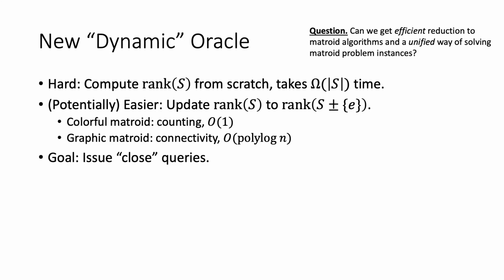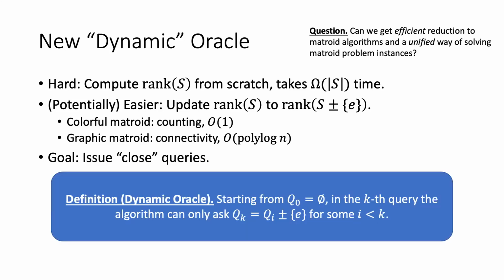So now, in addition to issuing few queries, we also want these queries to be close to each other, so that we can maintain the rank or the independence of a new set from the rank or the independence of a previous set. Formally speaking, we can define the dynamic oracle as follows. At the very beginning, we have a set Q0, which is empty.